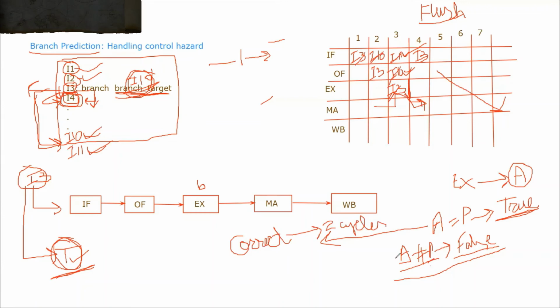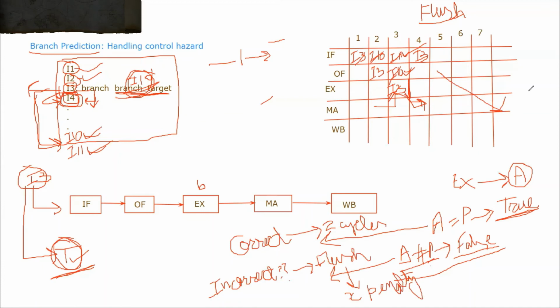However, if my prediction is incorrect, in that scenario we have to flush the pipeline. And because of flushing the pipeline, we have a penalty of cycles. Let's say we have X penalty. X number of cycles have been lost because of flushing.